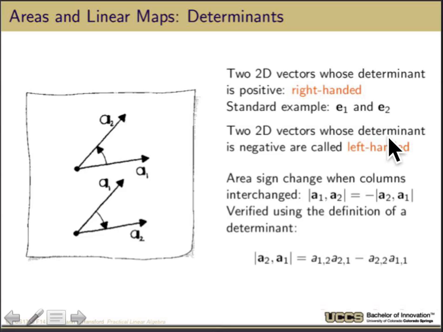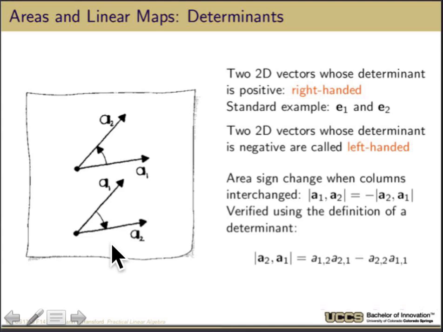So if I think about the signs of areas, we can also think about this in terms of left-handedness and right-handedness in physics and the kinds of things you've seen before. So two vectors whose determinant is positive are called right-handed. So a1 to a2, and we call this right-handed because if you were to make your hand first move at a1 and then close your fingers, you'd move to a2 with your right hand if your thumb is pointing up.